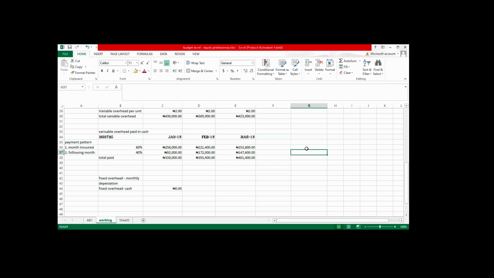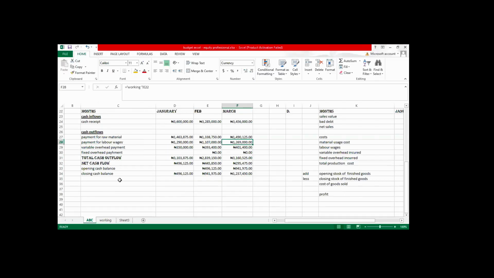This is the cash payment. This is what will go to your cash flow statement. Look at it. Cash paid in variable overhead payments. 1, 2, 3.